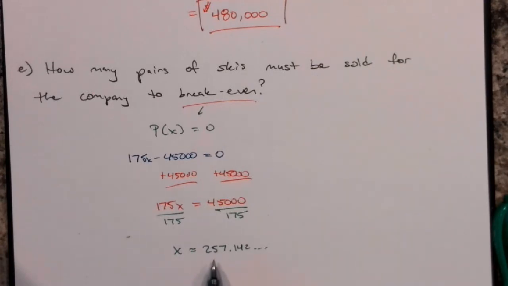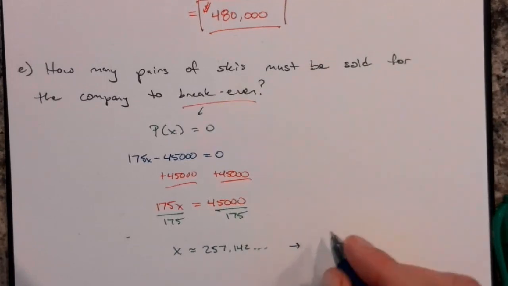You can't just say 257, even though you might think to round down because you see a 0.1 here. You don't round down even though the number is lower than a 5, because to actually make a profit, or in this case break even, you want to make the entire next ski. Otherwise, if you're coming up short of that, if you're not making the rest of this fraction, you won't break even. You'll be at a loss. So we're going to round this up.